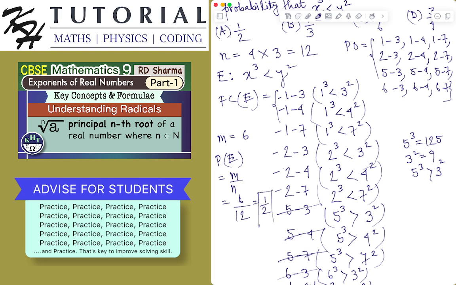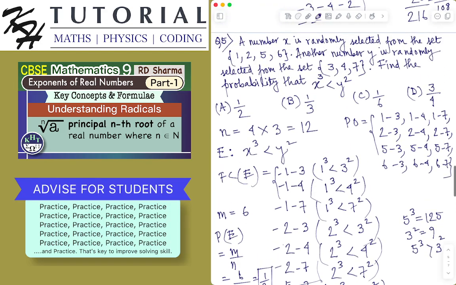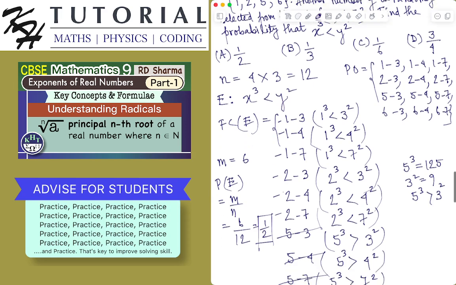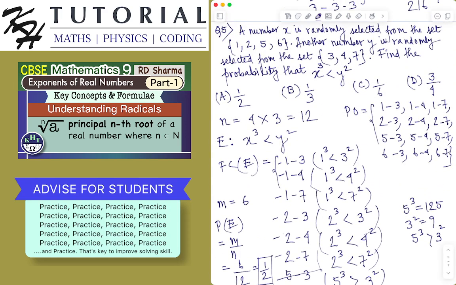So half is the probability that when a number X is randomly selected from the first set and a number Y is selected from the second set, then X cube will be less than Y square. The probability is half. So the correct choice is A.